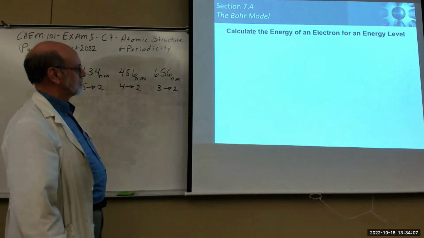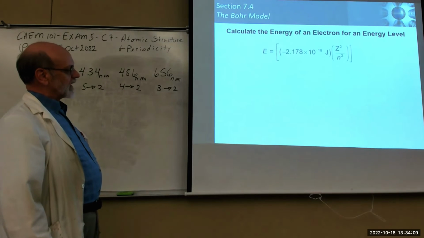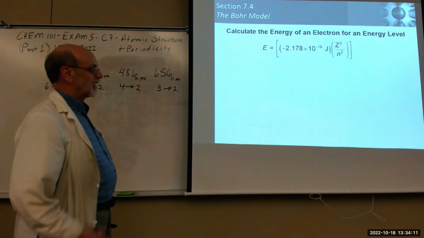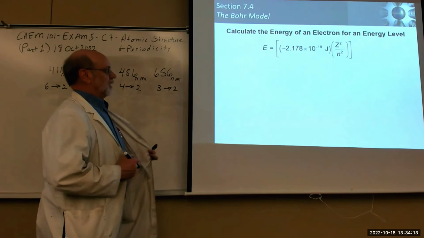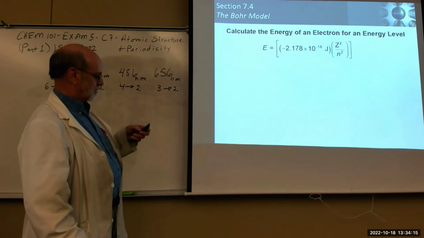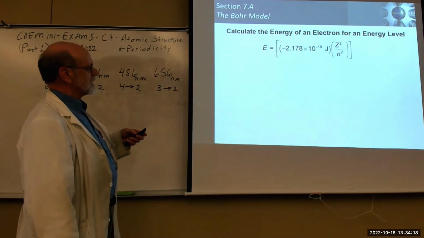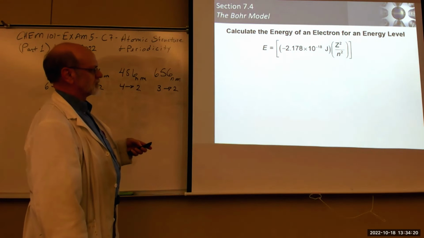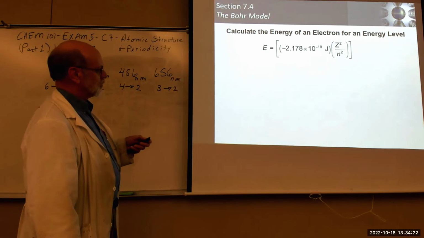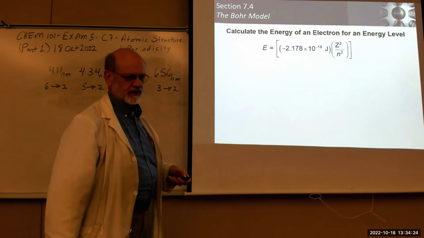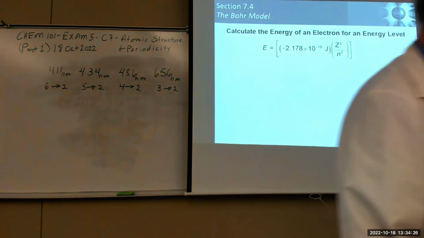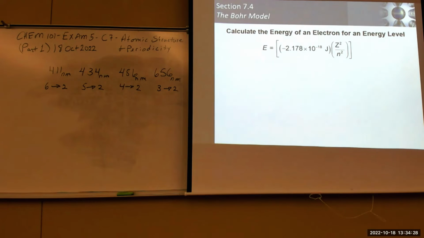All right. So we want to calculate the energy of an electron for an energy level. So this is Bohr's equation. It's derived from Planck's equation. I don't believe that's Planck's constant, or is it? Maybe it is. Let me see.